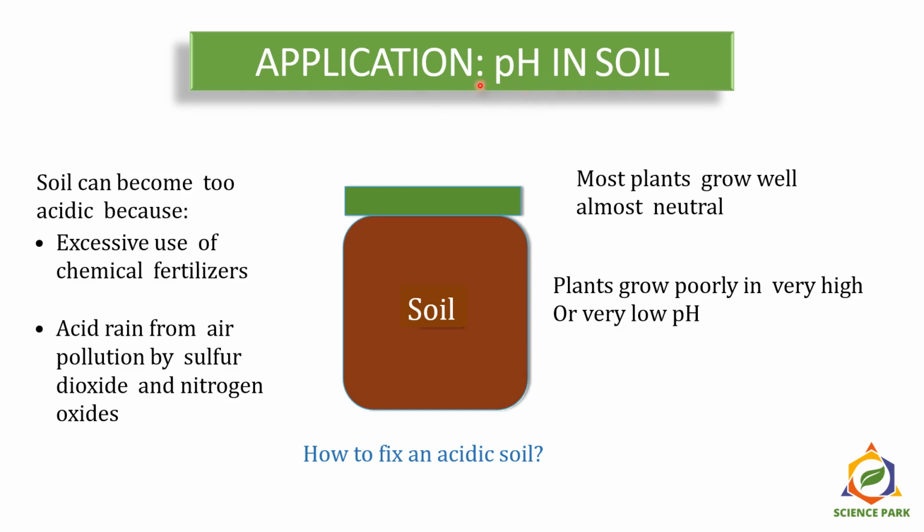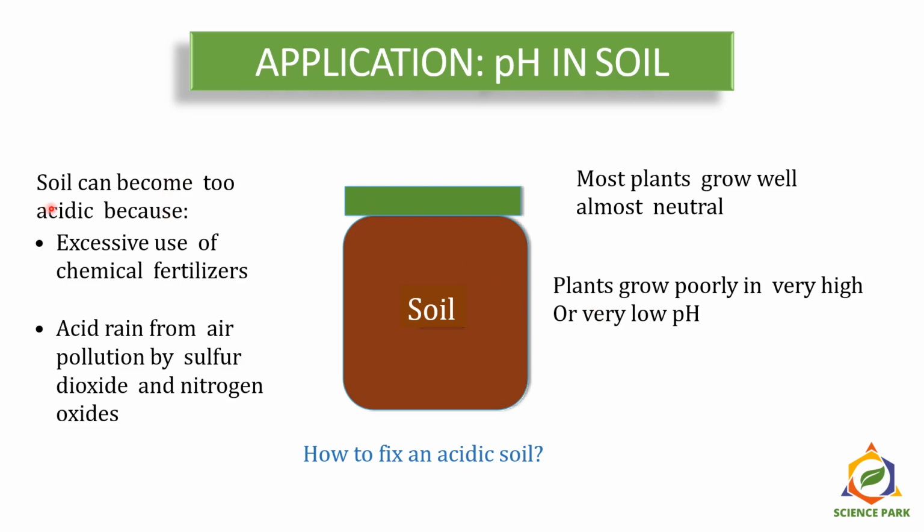Every farmer needs to know the pH of their soil for it to be very fertile. Theoretically, plants grow well in neutral soil. Plants grow poorly in very high or very low pH. Now most of the time we come across acidic soil.